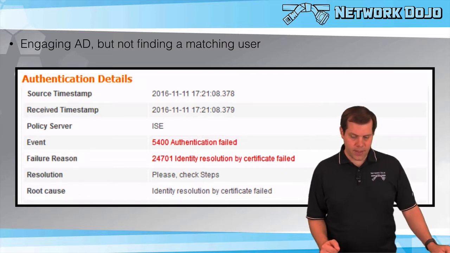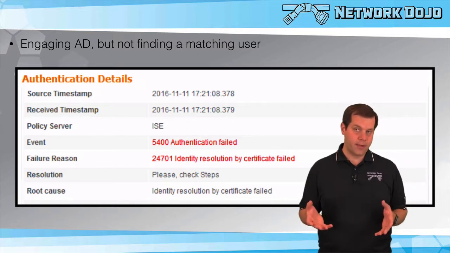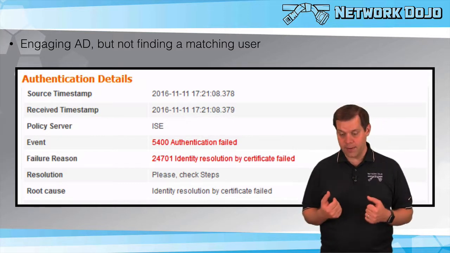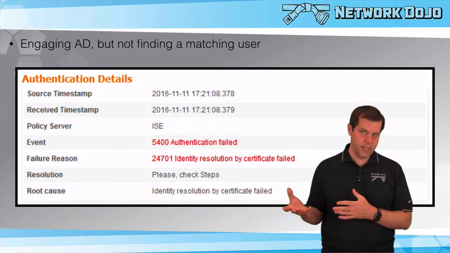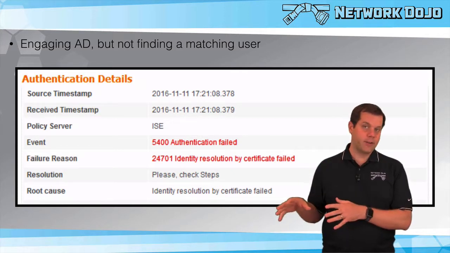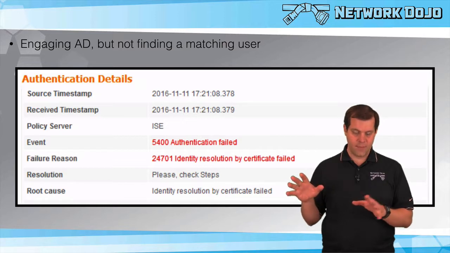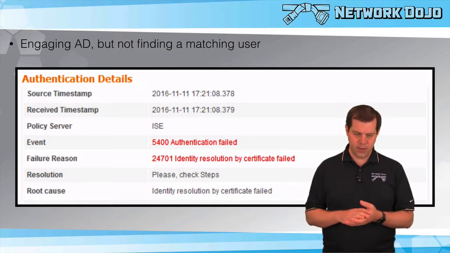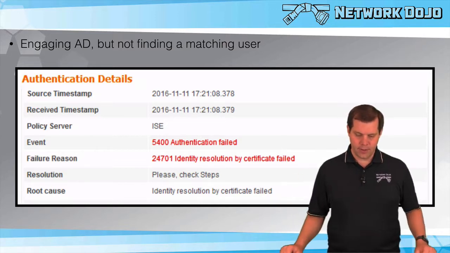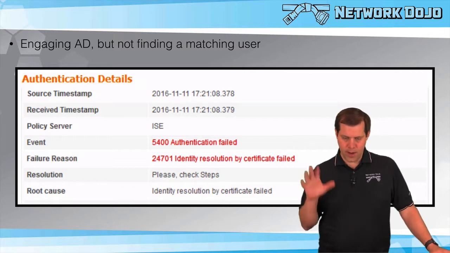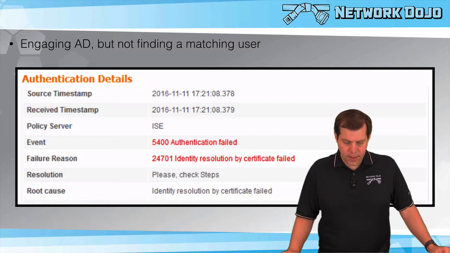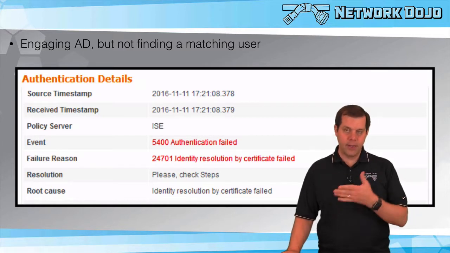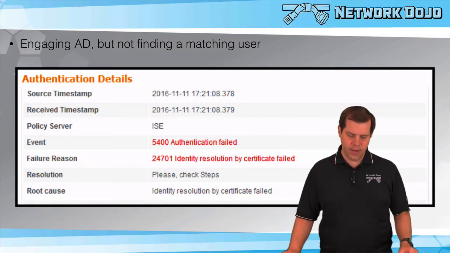So if I have a certificate that is not related to any sort of an Active Directory entity, like in my racks, my autonomous AP certificates, if I have a workgroup bridge to an EAP-TLS, that cert is not referencing any Active Directory user. It's just a standalone cert that was created without any Active Directory integrations with it. And so in that case, and if I did turn AD integration on, this is the error that I see.